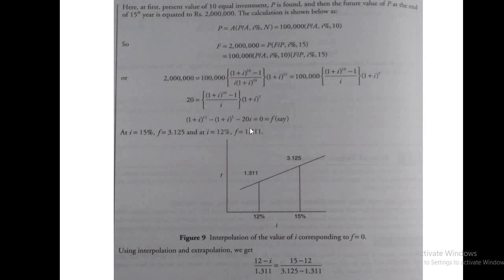Now to find out at what I value this equation is 0, we put some I values. We consider some I values like 15%, 12%, and find out the corresponding F values by solving this equation, substituting 15%, 12%, and with this given condition and the interpolation formula, we will get that I value.